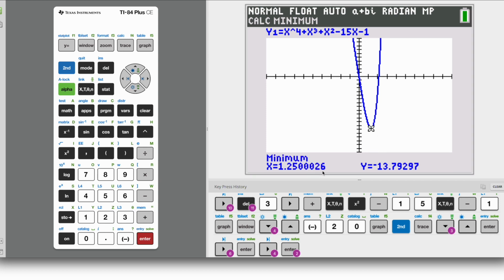So you would say that there is a global minimum, it's global because it's the lowest point of the whole graph. There is a global minimum at negative 13.8 when x is 1.25.